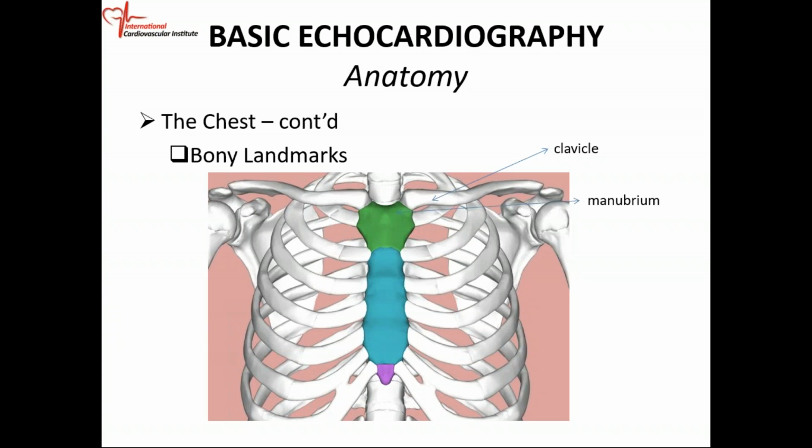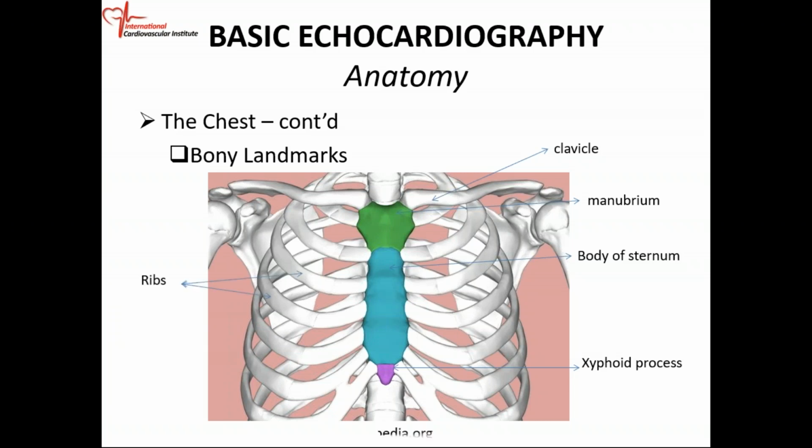Then you have the manubrium, which is the top uppermost portion of the sternum. Then you have the body of the sternum and the xiphoid process right down there. Again, these bony landmarks are very important because when we tell you to position the probe in the subxiphoid area, you have to know where that is.